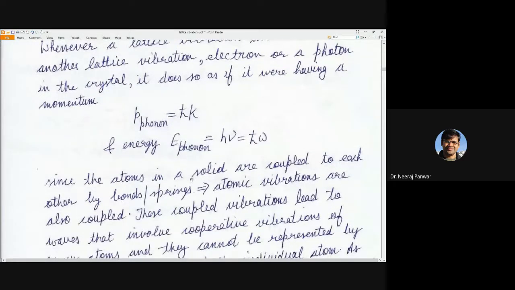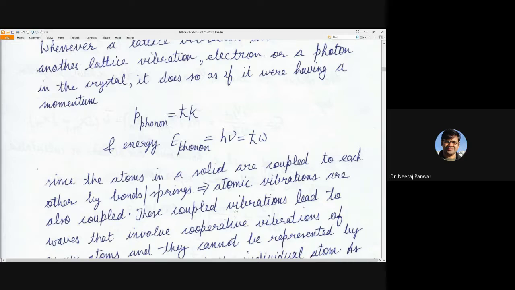Since the atoms in a solid are coupled to each other by bonds or springs, atomic vibrations are also coupled. If one atom is vibrating around its equilibrium position, this means that all atoms are vibrating around their equilibrium positions, because these atoms or ions are attached to each other.